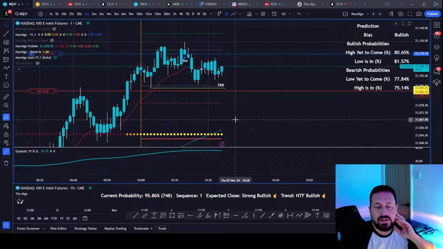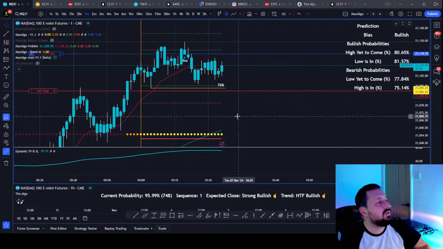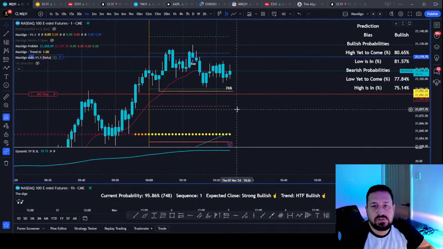Let's see if we can go, NQ. We're trading with probability, so we're not right all the time, but we just want to be taking those high probability setups.